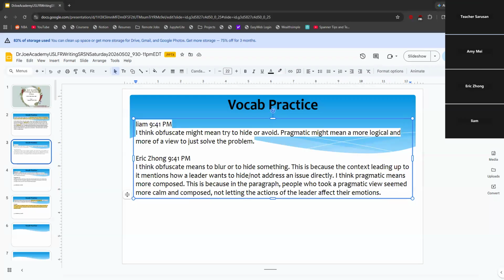Okay, solid. So, good job using a little bit of explanation to back up your answer. That's a great improvement from our last week's class. So, I think obfuscate might mean to hide or avoid. Pragmatic might mean a more logical and more of a view to just solve the problem.